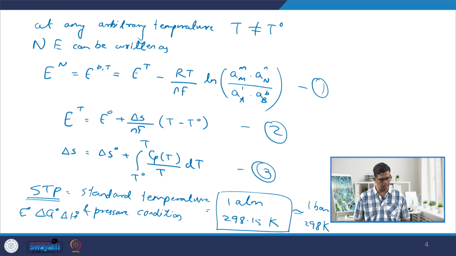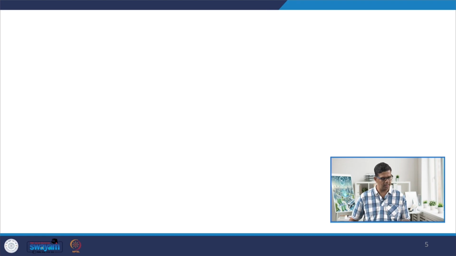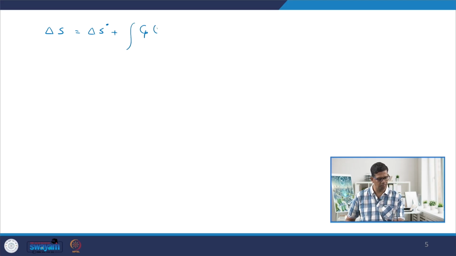Let me quickly elaborate this equation number 3. So, as we can see, this entropy change is dependent on the heat capacity, which is also a function of temperature, as I have already mentioned before, integrated from T naught to T. This heat capacity, in the case of liquids or solids, does not vary much.